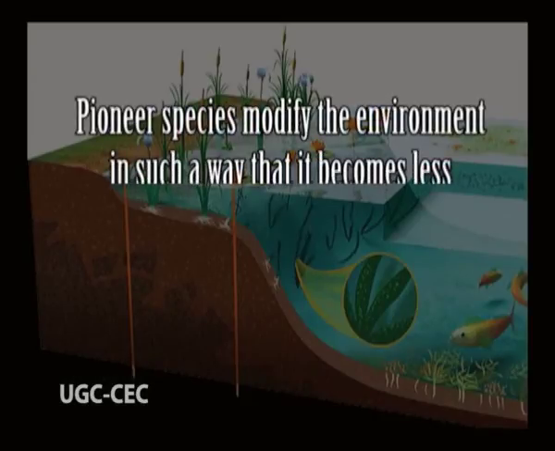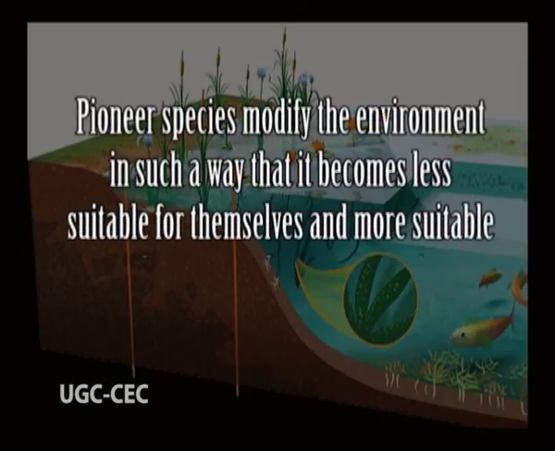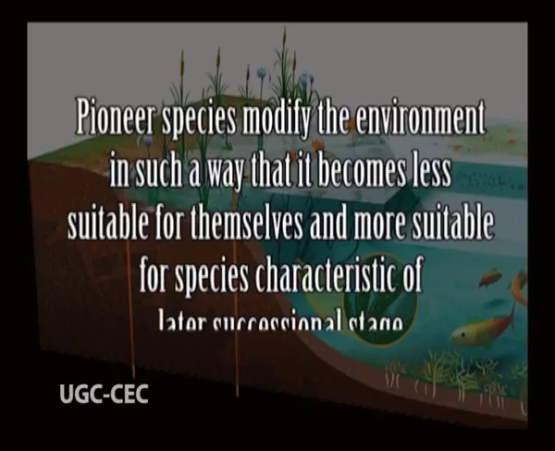These species capable of colonizing new sites are called pioneer species. According to the facilitation model, pioneer species modify the environment in such a way that it becomes less suitable for themselves and more suitable for species characteristic of later successional stages. In other words, these early successional species facilitate colonization by later successional species.